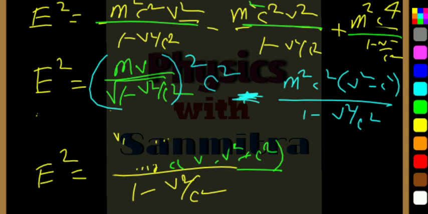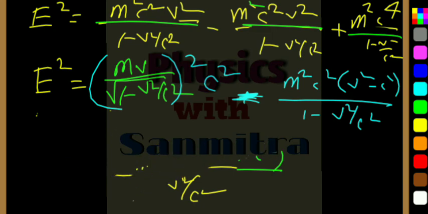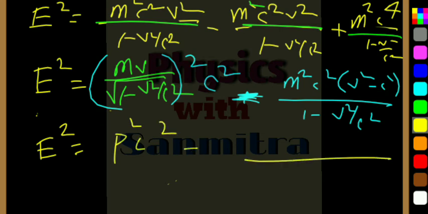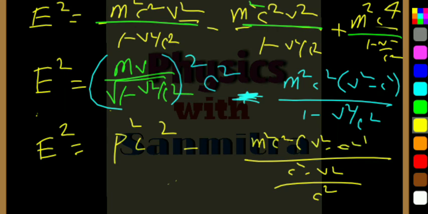Now if I remove this, E square will be, this is P square, momentum squared, into c square, minus, let me take this common, this is c square minus v square, m square c square, v square minus c square.